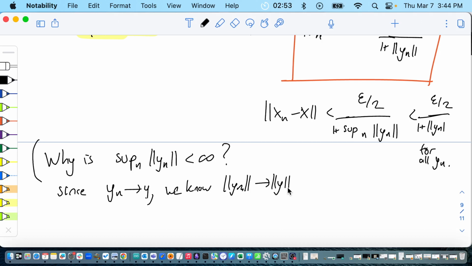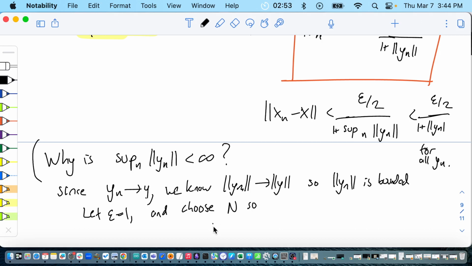Well, it's less than the first bajillion terms, and then norm of y plus 1. So norm of yn is bounded. And if you wanted to prove this more carefully, you could say, let epsilon equal 1 and choose capital N. So n greater than N implies norm of yn less than norm of y plus 1.